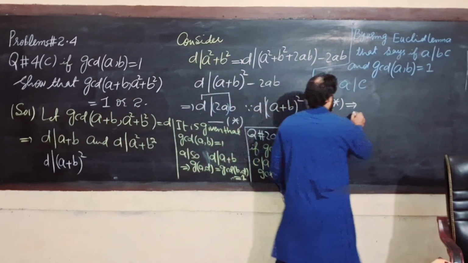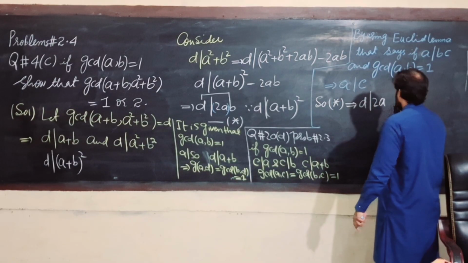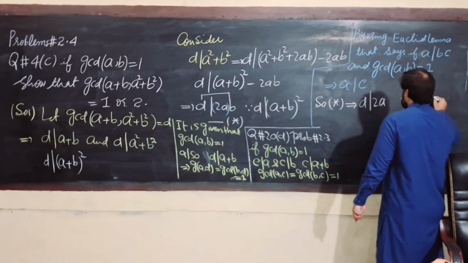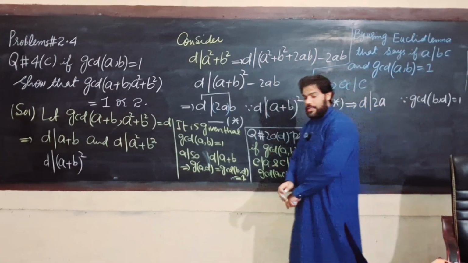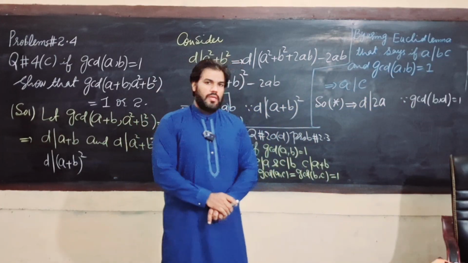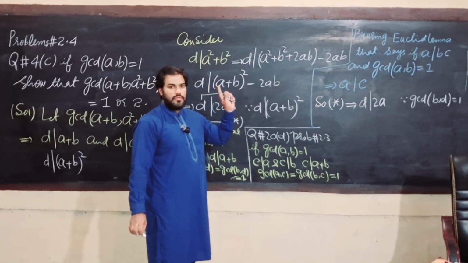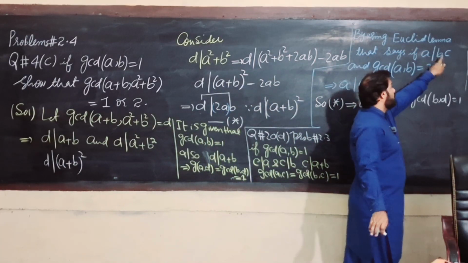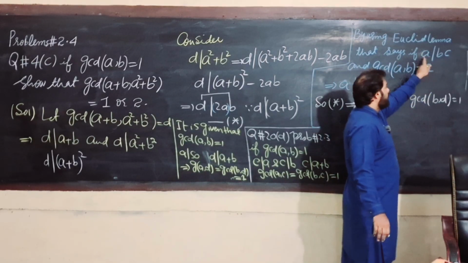So star implies D must divide 2A, because GCD of B and D is equal to 1. I repeat, Euclid's lemma says that if the GCD of any factor in the product with the divisor is equal to 1, then the divisor must divide the other number.